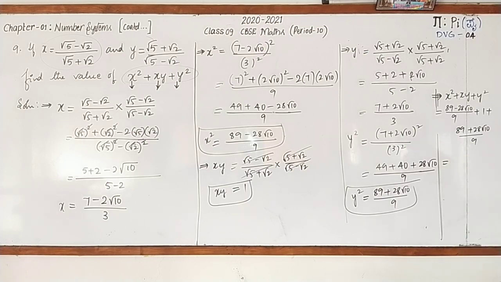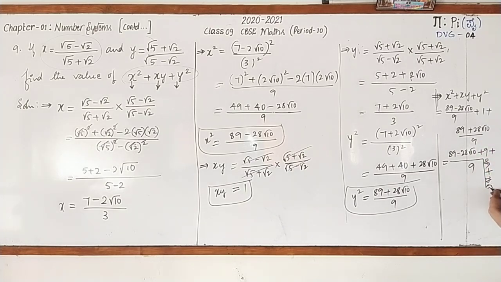It's equal to, take the LCM of the denominator. Denominator is 9. Now it is 89 minus 28 root 10 plus 1 into 9, then plus 89 plus 28 root 10.